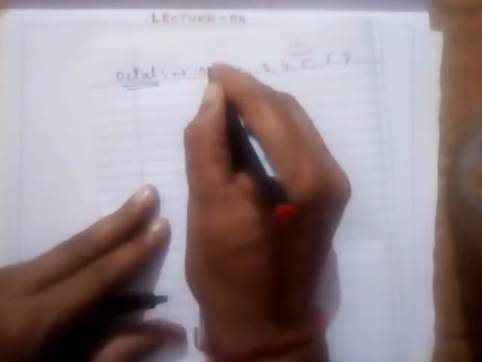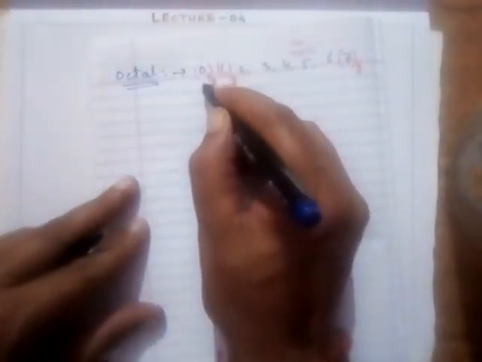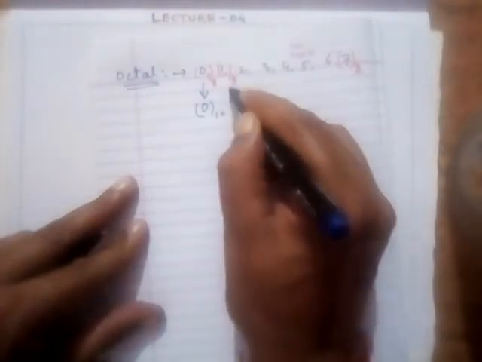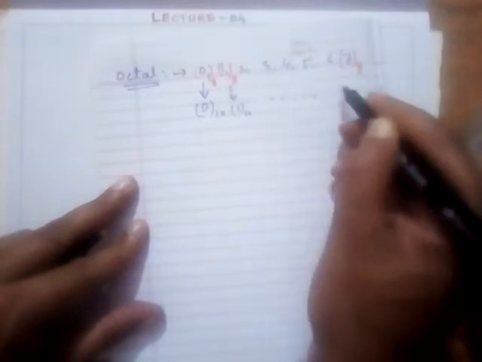That is, this 0 is in base 8, this 1 is in base 8, and similarly this 7 is in base 8. So if I have to convert 0 base 8 into base 10, it is of course 0 in base 10 itself. 1 is the same as 1 in base 10, and so on up to 7 in base 10.